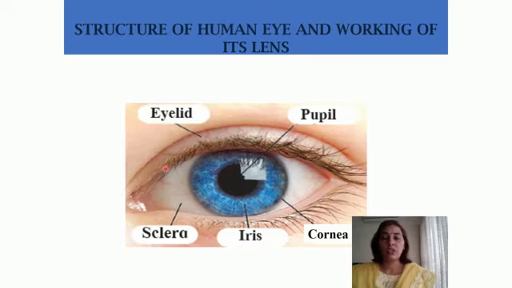Now you all must have experienced this, that on a bright day, when you go out and the sun is shining, you find that the pupil becomes small in size because there is a lot of light, and such an amount of light is not required by the eyes. So the pupil becomes small.